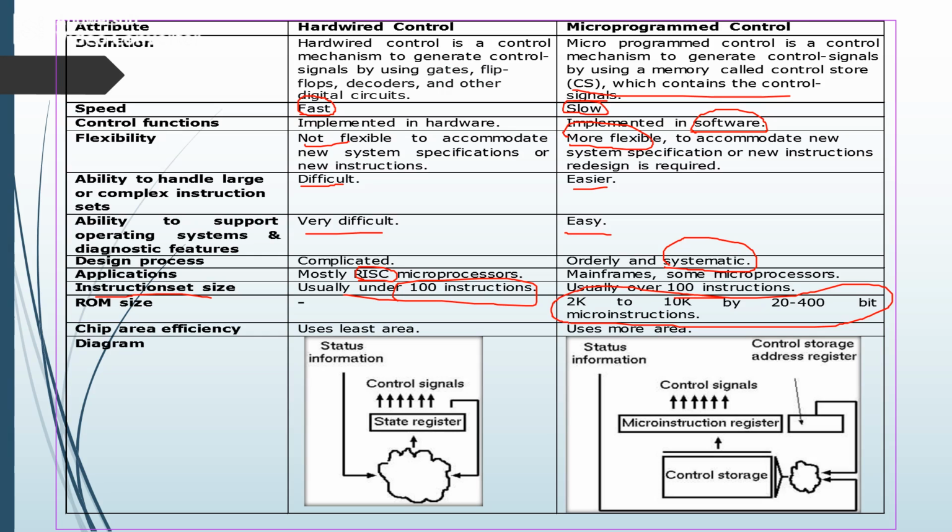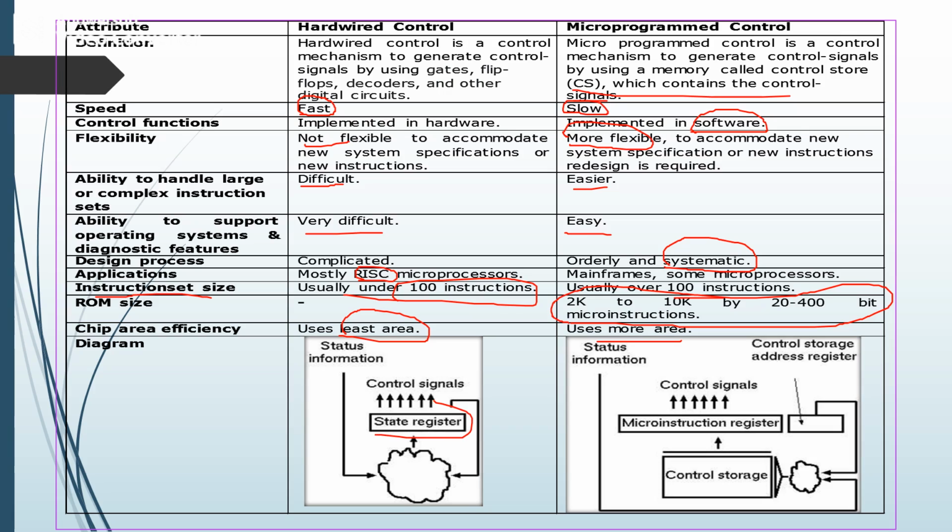Chip area efficiency: hardwired uses a lesser amount of area, but the microprogrammed control unit uses more area.